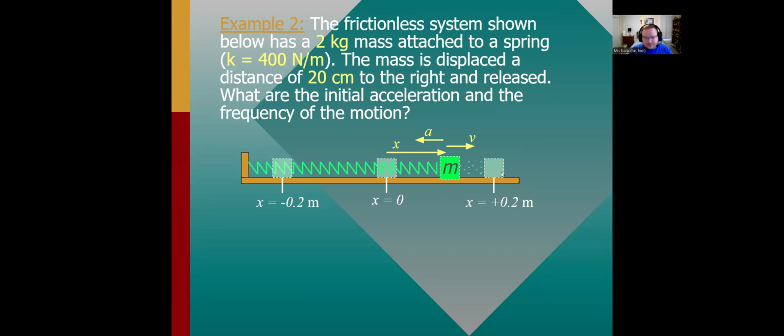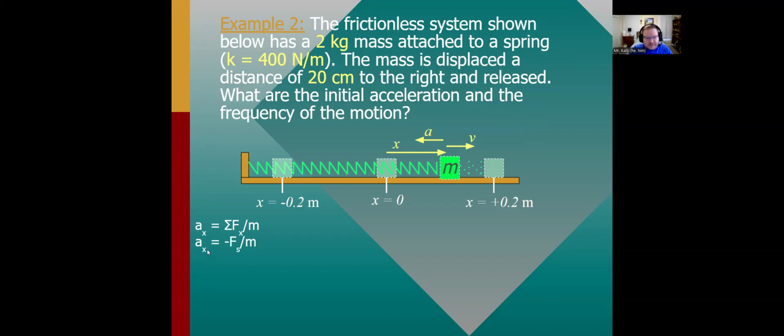Well, for the acceleration, we could use a equals negative omega squared A sine or cosine, but it's just as easy to use Newton's laws. Its acceleration in the x direction, horizontally, is equal to the sum of the forces in the x direction divided by the mass. If it's moved to the right, the spring force will try to pull it to the left.